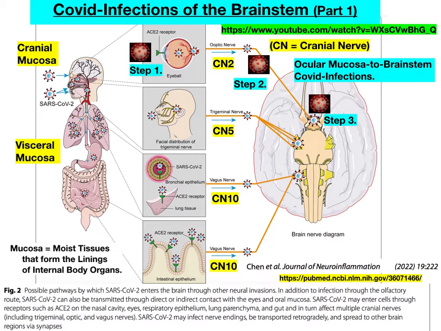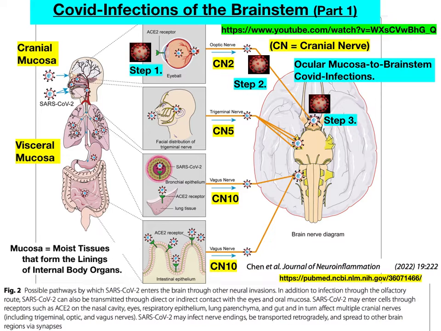I'd like to read the figure legend from this figure from a recent review published in 2022. Figure 2. Possible pathways by which SARS-CoV-2 enters the brain through other neural invasions. In addition to infection through the olfactory route, SARS-CoV-2 can also be transmitted through direct or indirect contact with the eyes and oral mucosa.